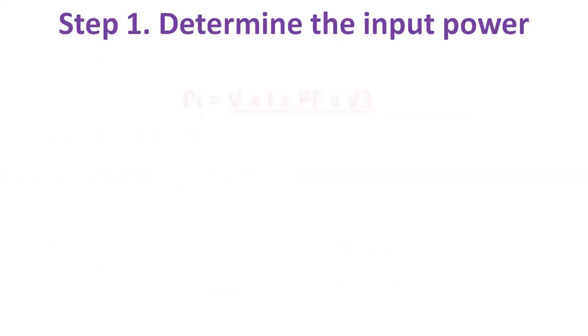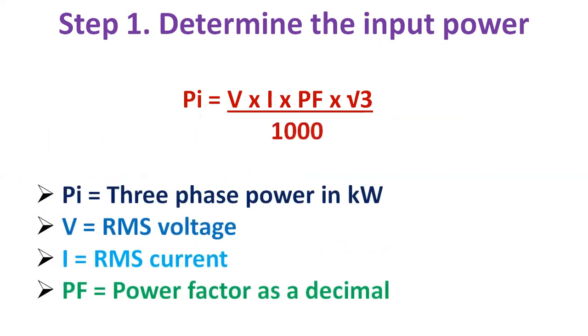The load is measured basically in 3 steps. Step 1 is to determine the input power using the following equation. PI is equal to V into I into power factor into root 3, that is root 3 V I cos phi, divided by 1000, where PI is the three-phase power in kilowatts, V is the RMS, root mean square, voltage, mean line to line of 3 phases, I is the RMS current, mean of 3 phases, and power factor as a decimal.